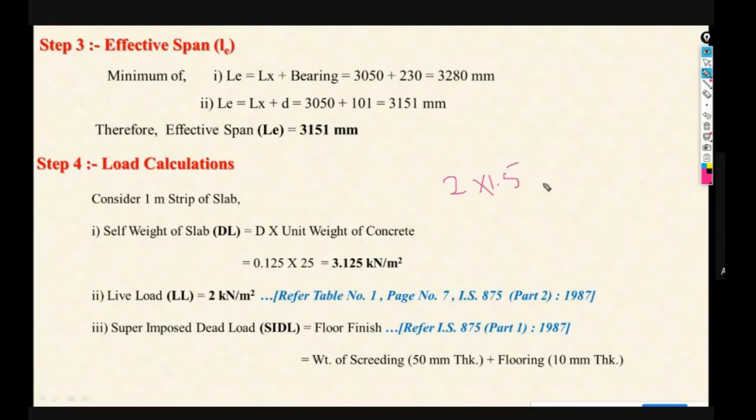Sir, at that time the load is transferred to the centering material, not to the slab during pouring. We have to design the centering. That's why you are not considering it, sir? Correct. That is one factor.